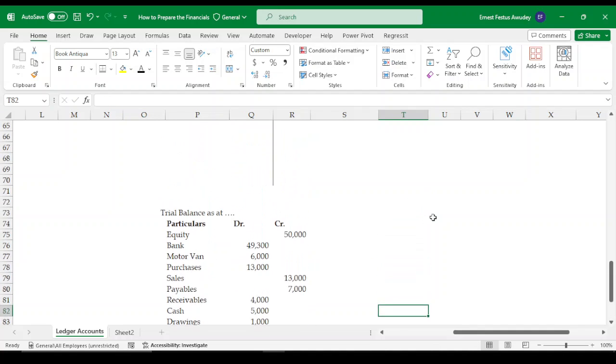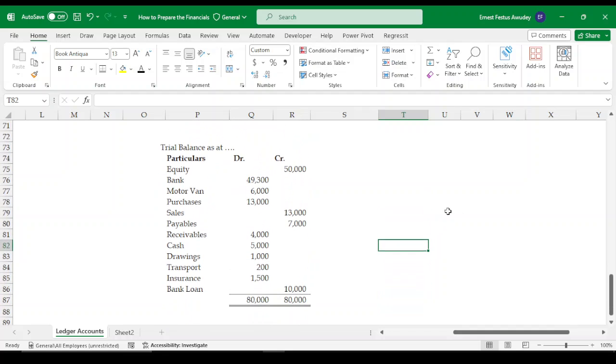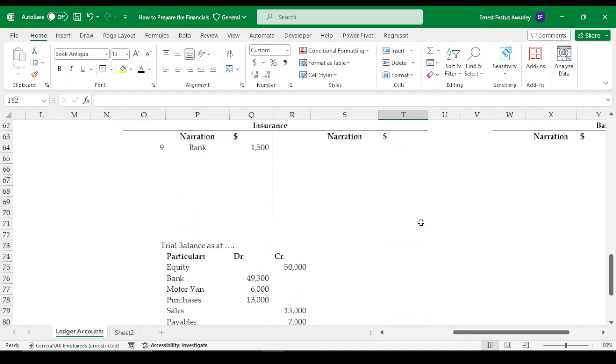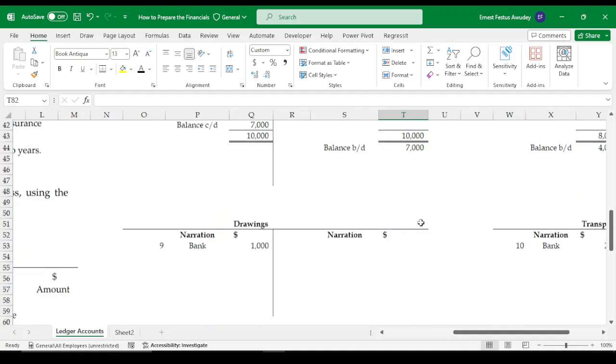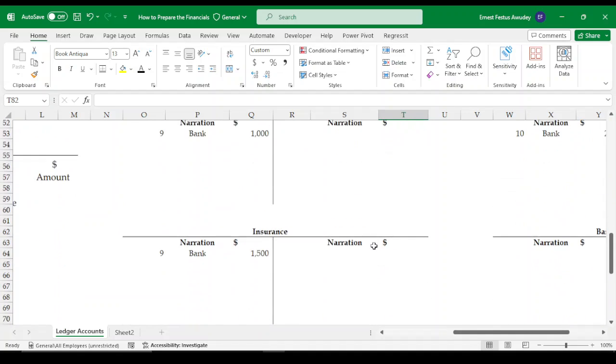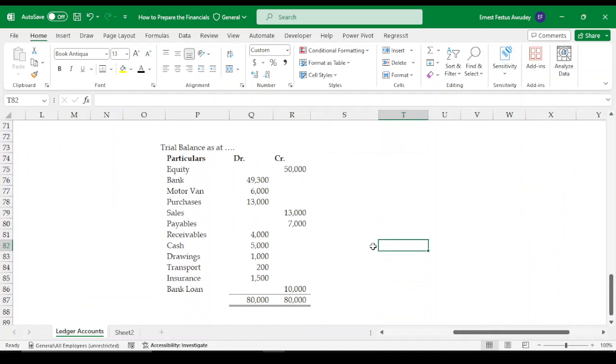So it means that the entries we have made in our accounts are arithmetically accurate and that we have followed the basic principle of double entry, all right, in recording the transactions within the account. Now the trial balance, the fact that your trial balance balances doesn't mean that there are no errors in the accounts.